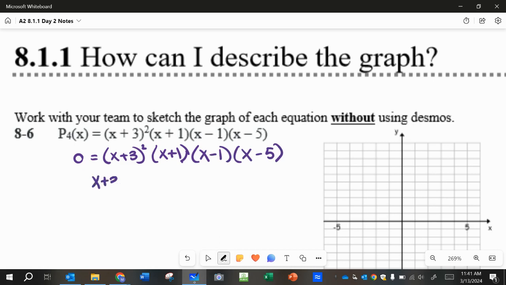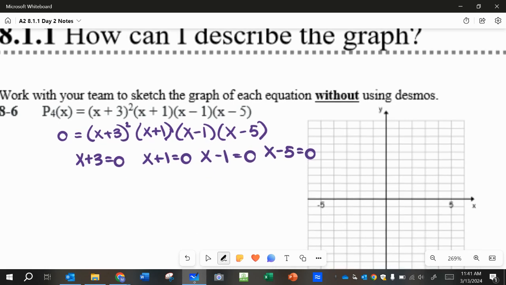So x plus 3 equals 0, x plus 1 equals 0, x minus 1 equals 0, x minus 5 equals 0. Now, if you can do all of this in your head, that's great, but you don't have to. So there are my 4 x-intercepts.